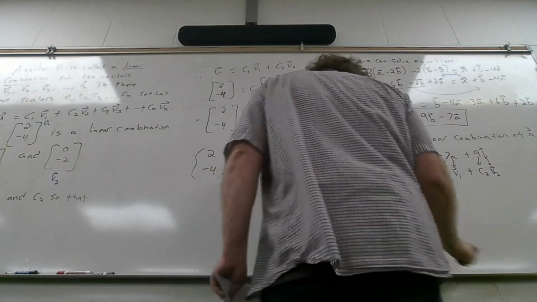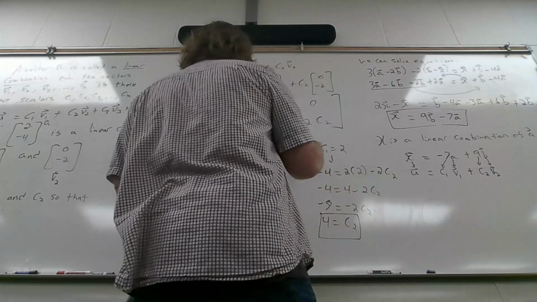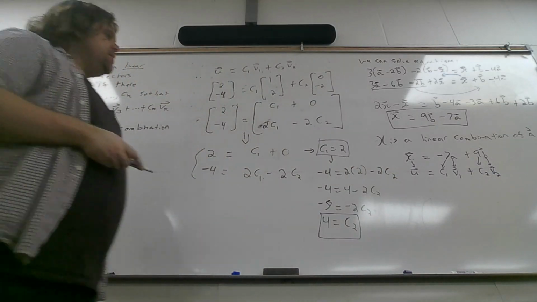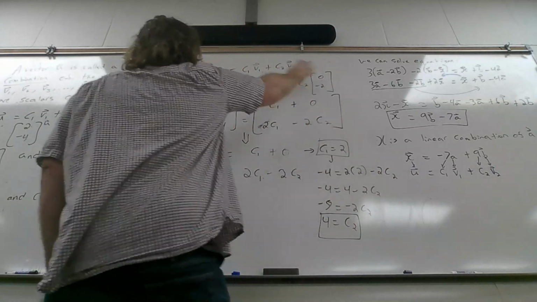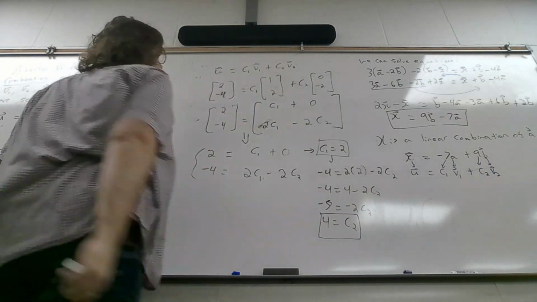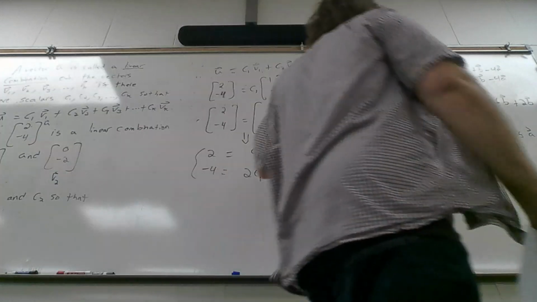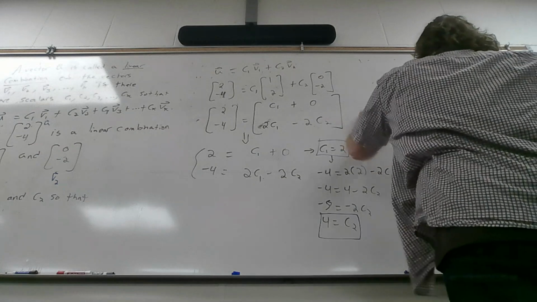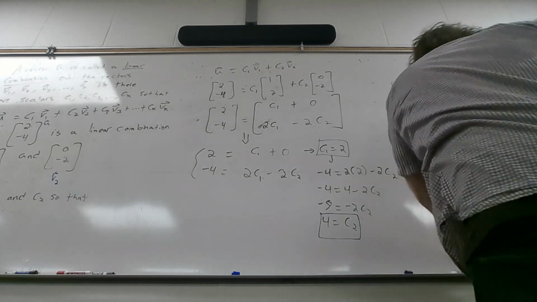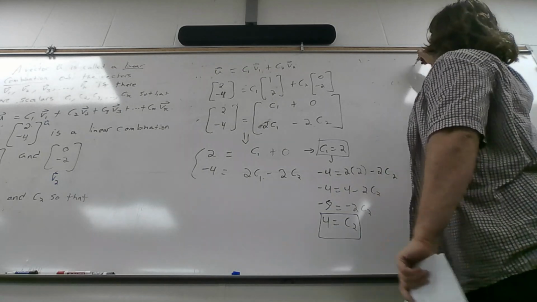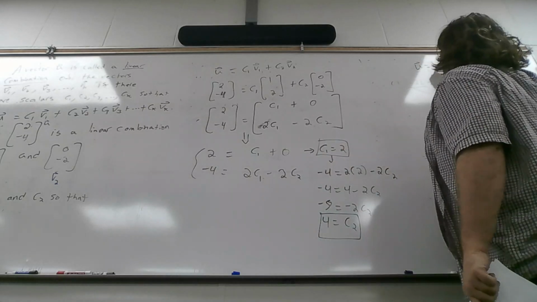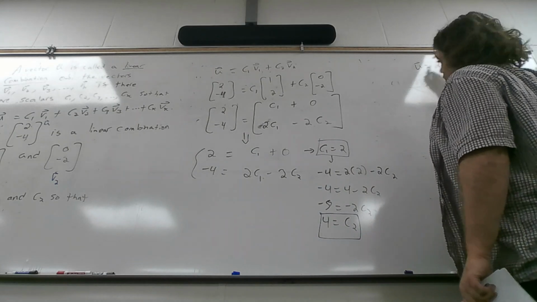So the point is, we just found what C1 and C2 have to be. Let's back ourselves up. Right here, we just found these numbers. So what that means is ultimately, this first number is 2. The second number is 4.